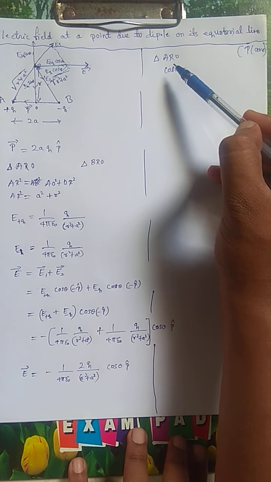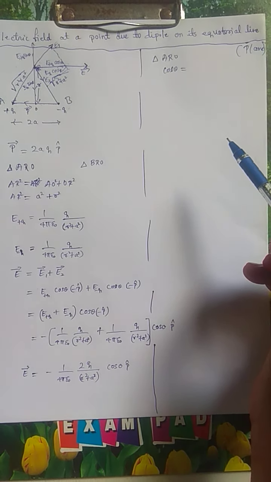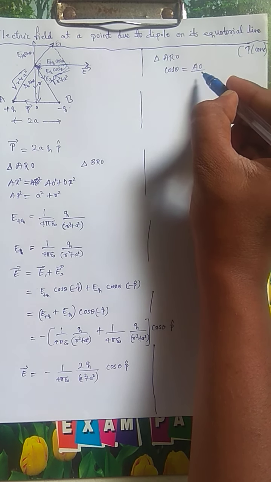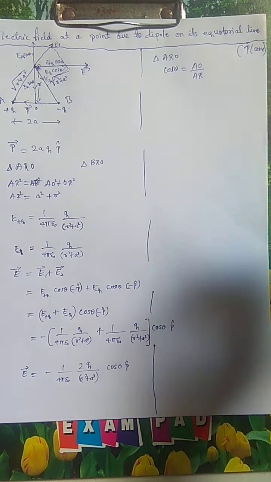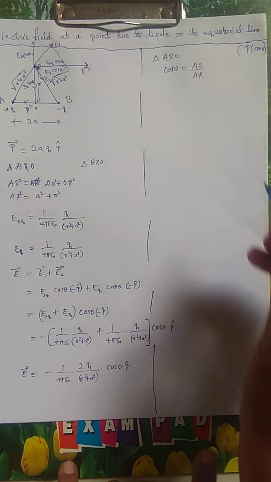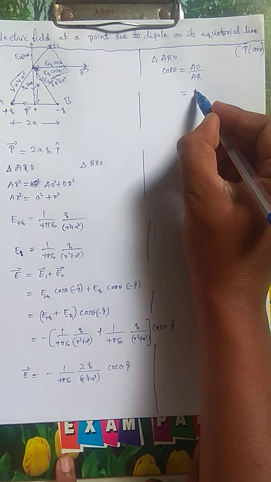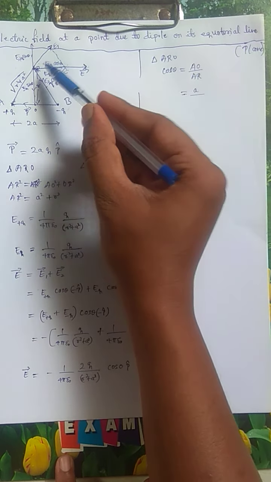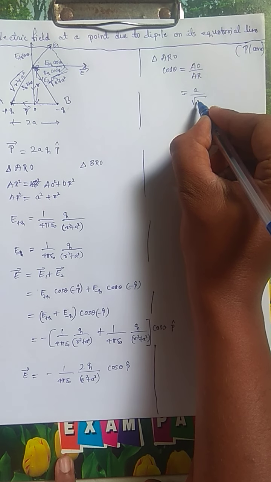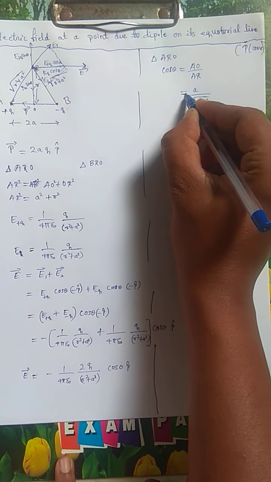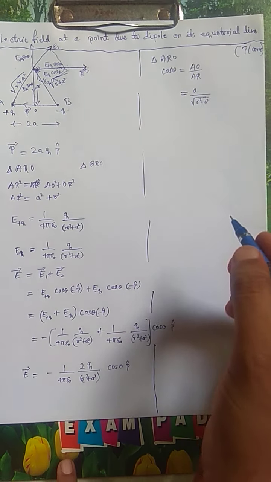Apply the value of cos theta, so that results you AO dividing by AR, right? AO is having a value of A, AR is having a value of square root of R square plus A square. A simple derivation, simple steps.